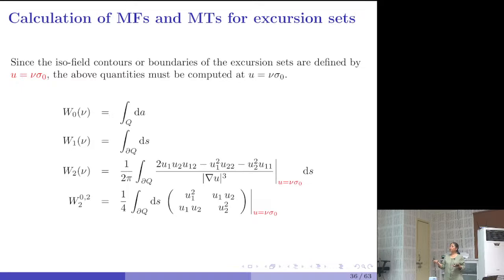So we will express nu as 1, 2, these are the typical levels. For our quantities, these are the three scalar Minkowski functionals, and this is the Minkowski tensor, the contour one.